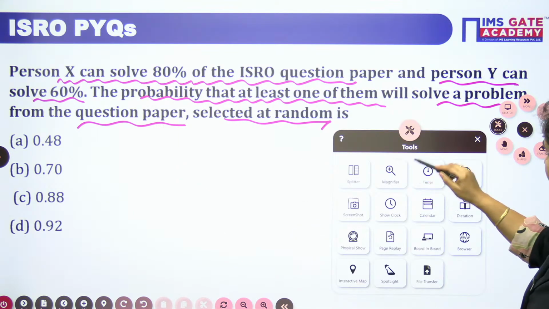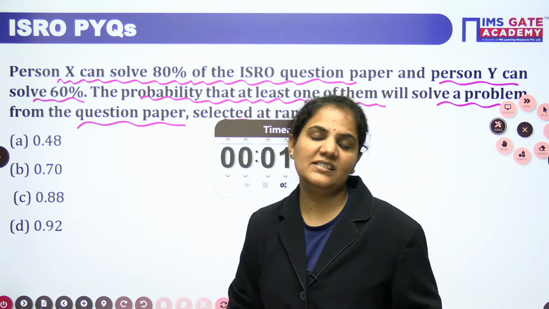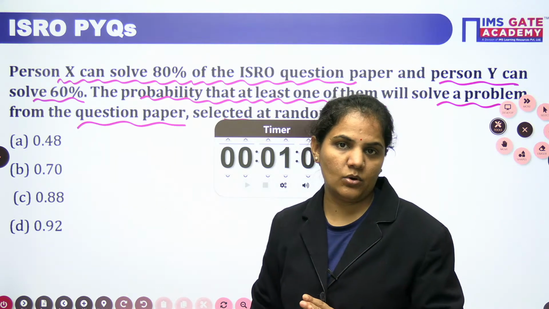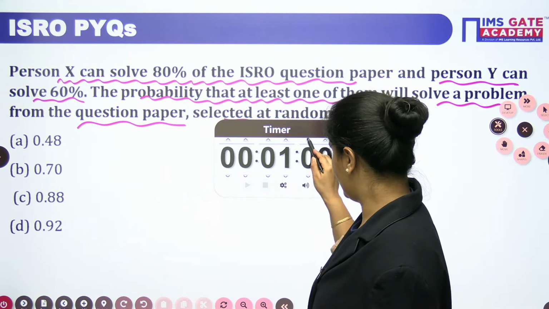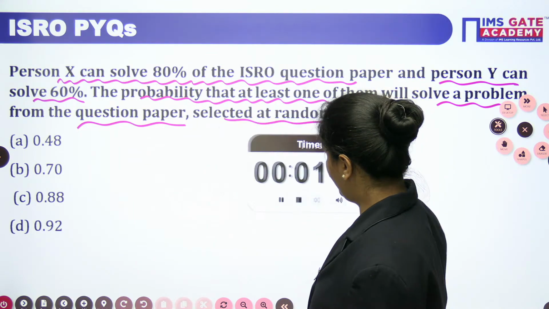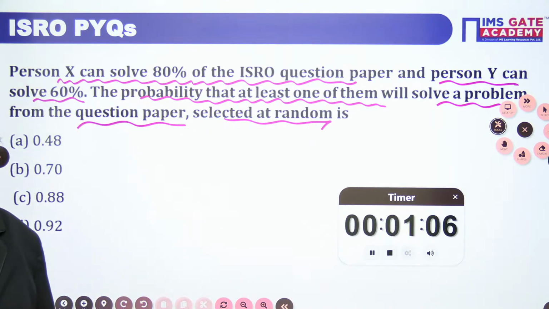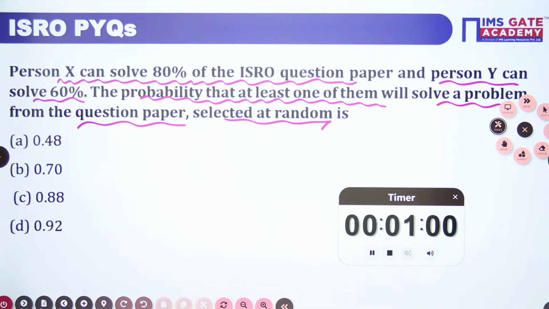As it is asking about at least, you can go for 1 minus nothing, or you can go directly. You can try first, then I will tell you. It is a very simple question which we can easily approach.